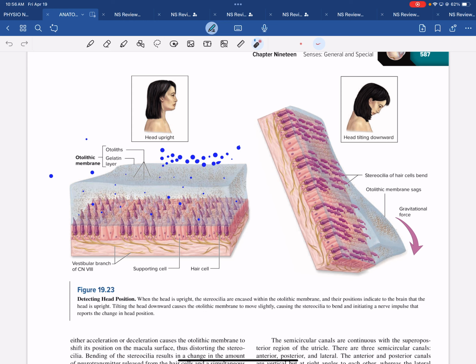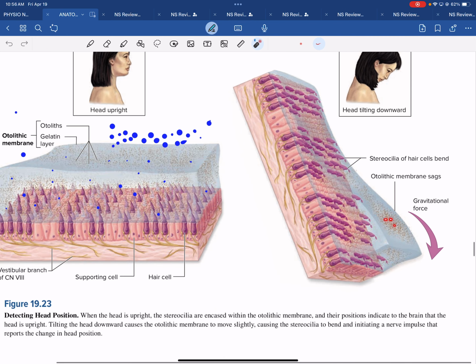So when your head is upright, there is no bending of the stereocilia, but if your head is tilted, then this otolithic membrane with all of these dots, which are otoliths, calcium carbonate crystals, provide weight to the gel, and the gel causes the stereocilia to bend.